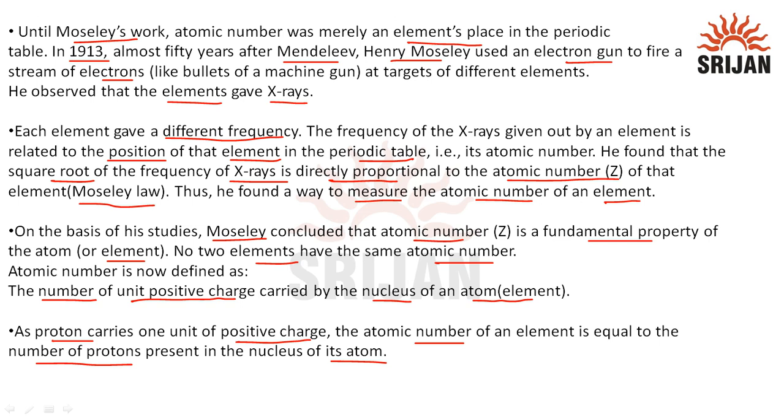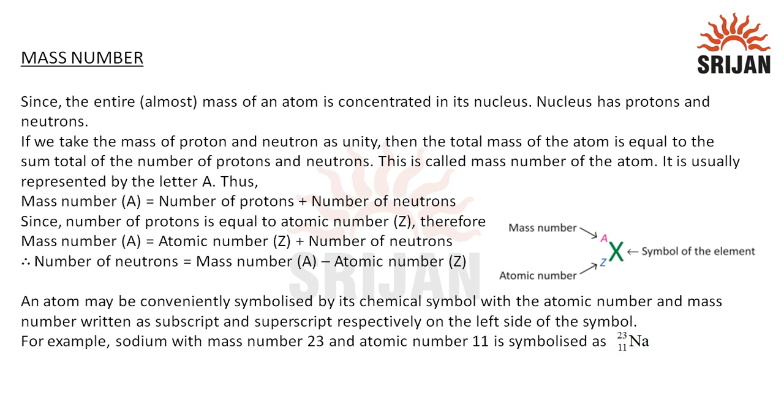You have to remember that the atomic number is always equal to the number of protons present, and similarly the atomic number will also be equal to the number of electrons. Clear?